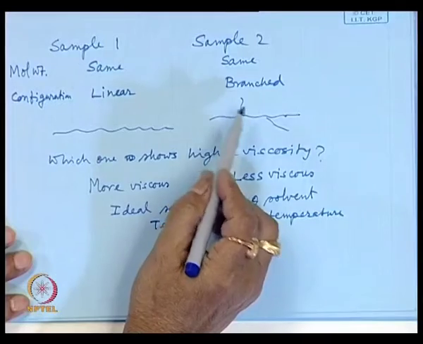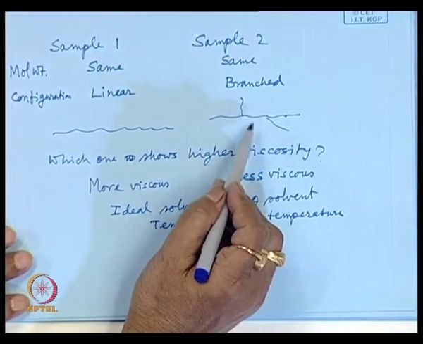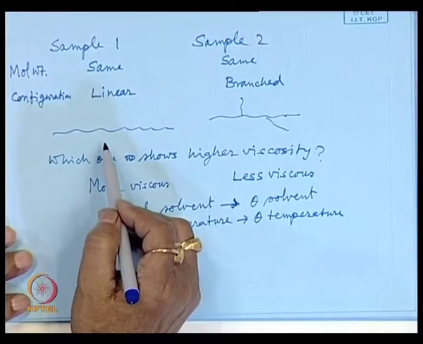Now, think of the volume you require while sitting in an attention position. If you stretch your hands and legs this way, if you stand, then the space requirement will be more. That is the radius of gyration. In case of branch, that can remain squeezed. So, the radius of gyration of this system is less. So, this will be less viscous than this linear configuration.